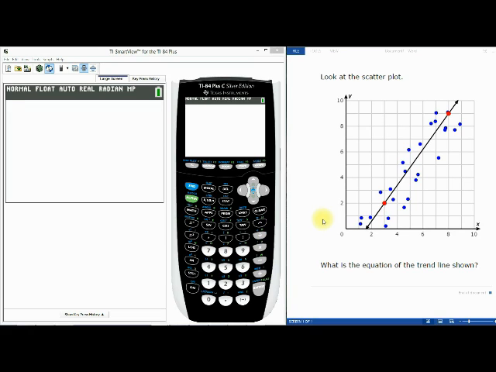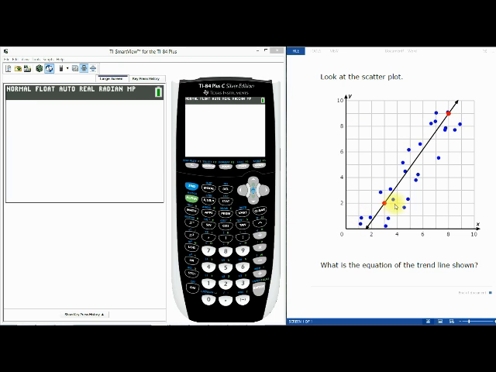Here is our sample problem, and I'm going to show you how to put it into your calculator and do the line of best fit. You only need 2 points, and they give us these 2 here, and you're going to be using this stat button, which stands for statistics.